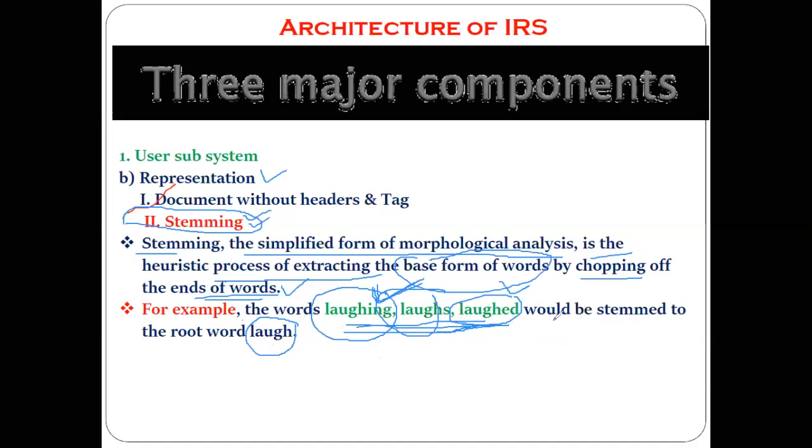All these kinds of words will be stemmed into the original word, the root word, laugh. For getting your answer related with the statement you asked, laughing, the system will not search for laughing, it will focus on this word only.